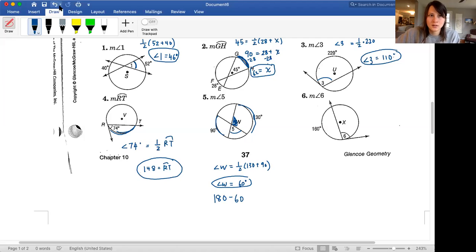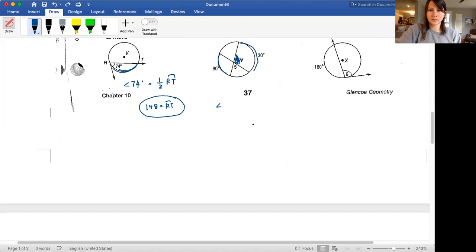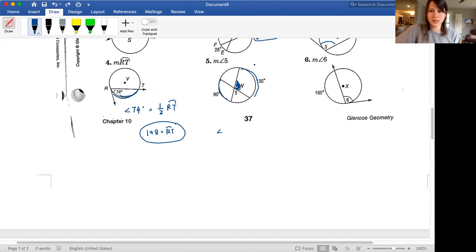Let's work this out again. So this is actually a 130. So angle W equals 130 plus 90, which is 220.